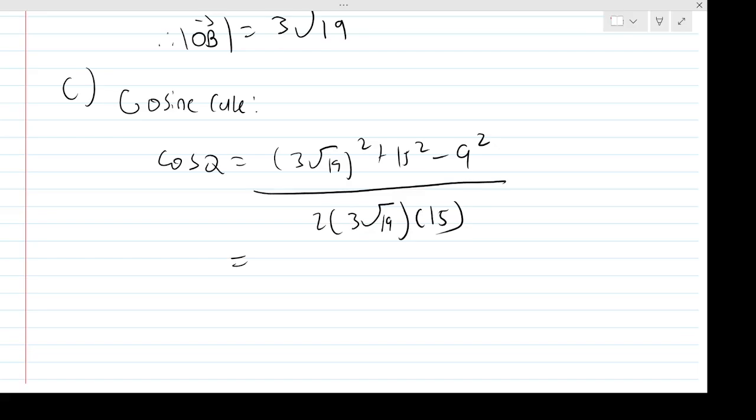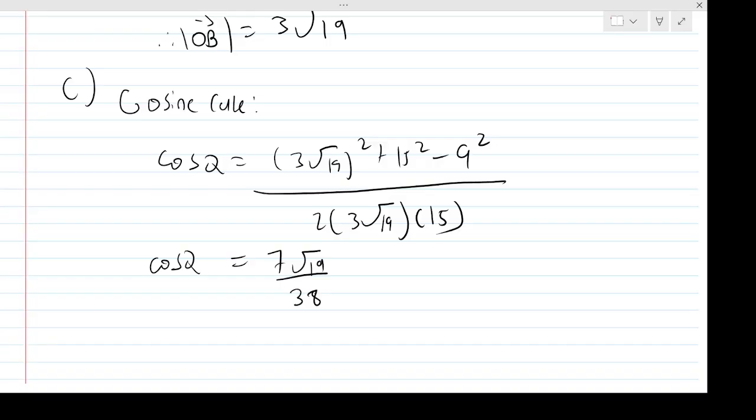And then if I do that, I get cosine of alpha to be 7 root 19 over 38.